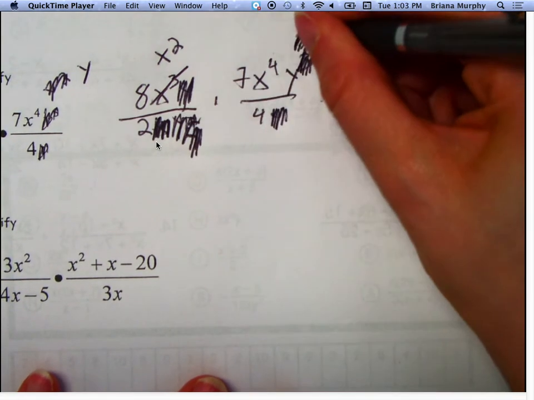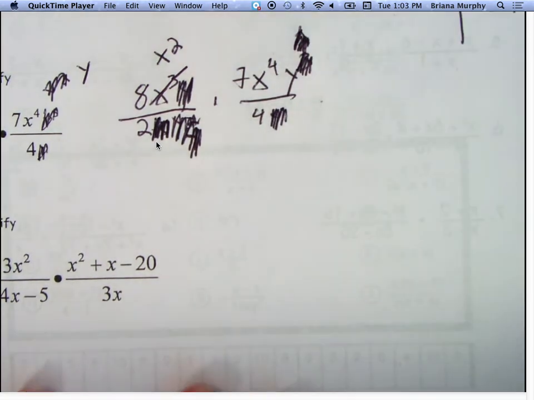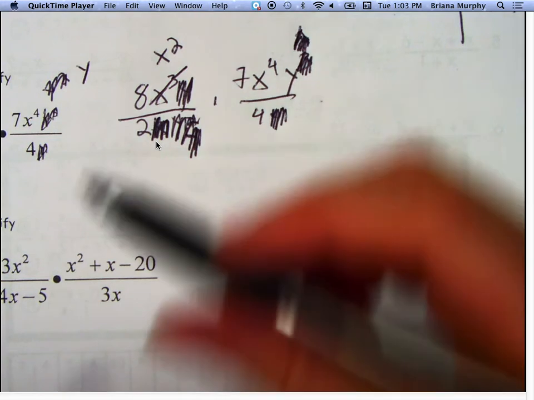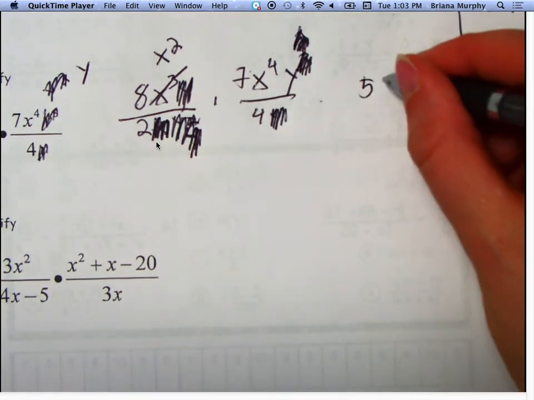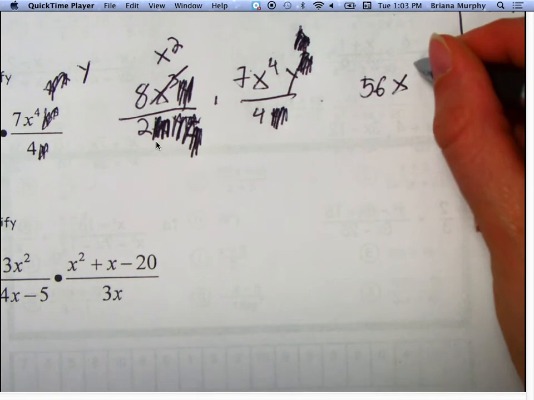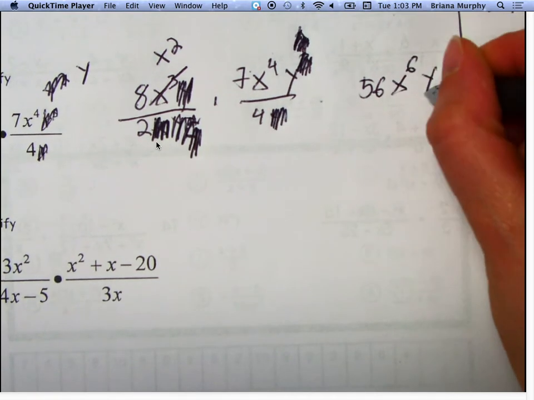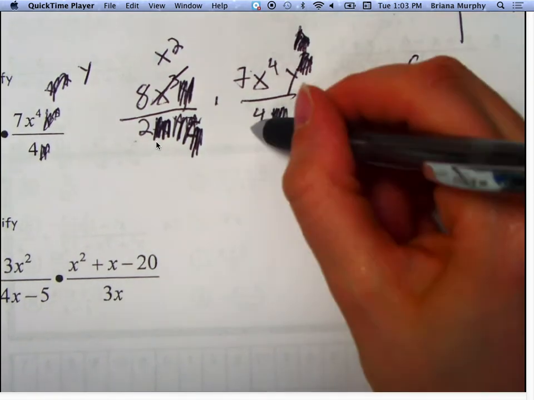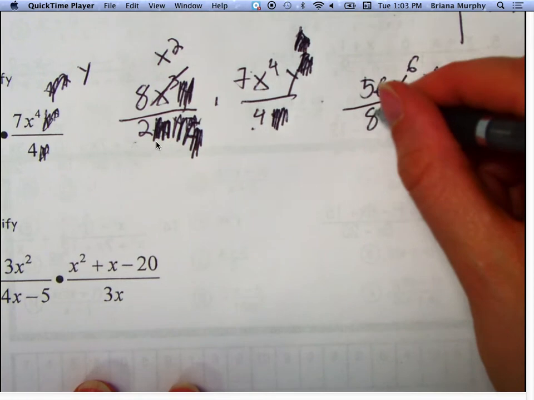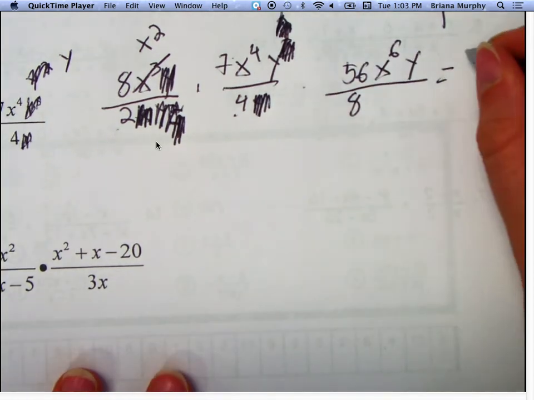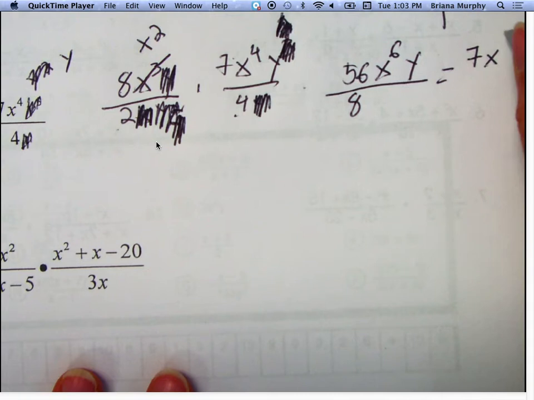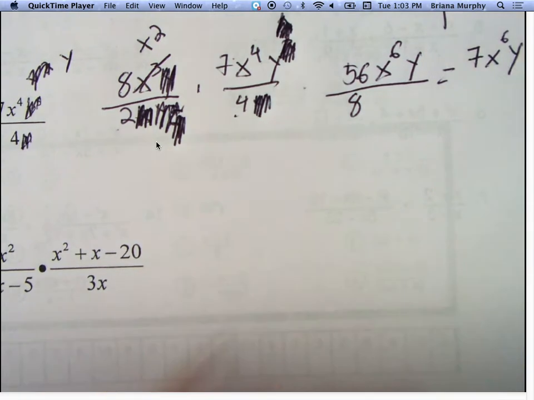Now I only have one y on the top. That makes sense. 8 times 7 is 56, and I have x to the 6th y. 2 times 4 is 8. 56 divided by 8 is 7. So I have 7x to the 6th y.